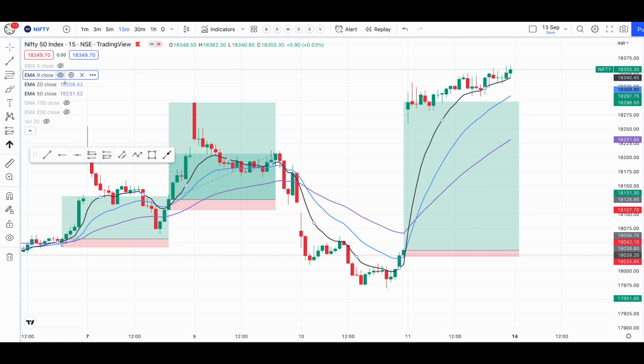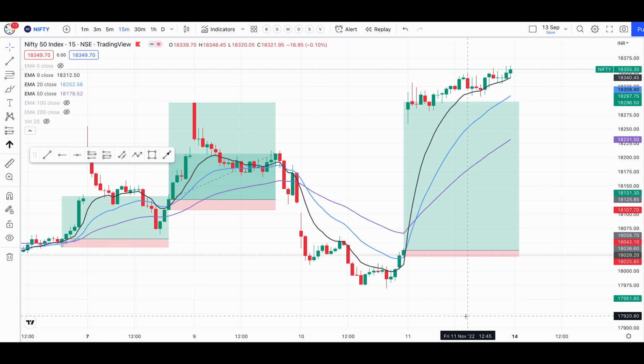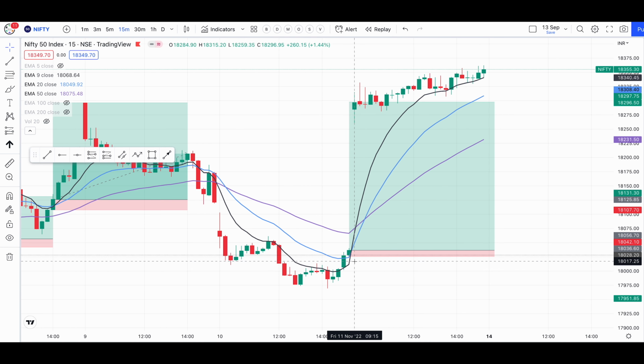Once you use all three indicators, the 50 moving average shows the trend, whether it's going to be an uptrend or downtrend. And the other two are where we can plan the exit or entry. On the 11th of November you see there's a crossover of the 9 EMA and 20 EMA.